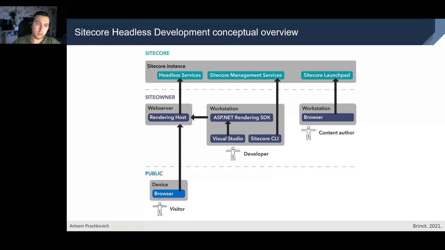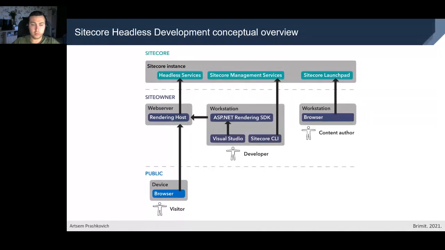The developer writes code based on the ASP.NET Rendering SDK, which provides some clients for the layout service, so the scenes that communicate with the layout service. It also provides a rendering engine, and this is like a boilerplate that you can use to initiate your project from the beginning. It will include some basic stuff.